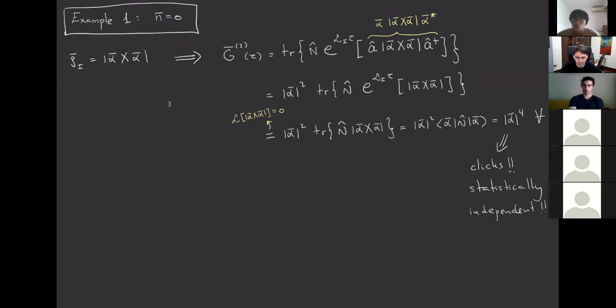Okay, and maybe something I can mention about this as well is that this is kind of consistent, but you have to be very careful with these kind of relations, consistent with the fact that a coherent state has a Poisson distribution, Poisson photon number distribution, okay? So the photodetector at the end of the day is kind of counting the number of photons, right? And we usually find the Poisson distribution when you assume that the events that you can get are independent of each other.